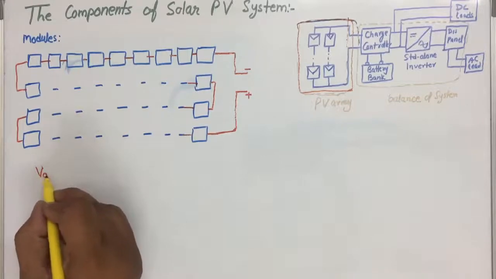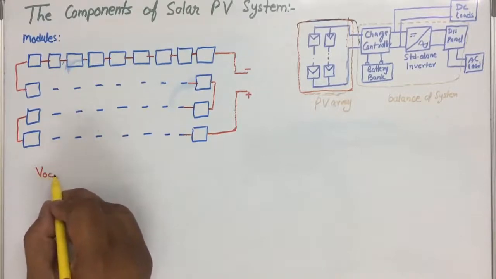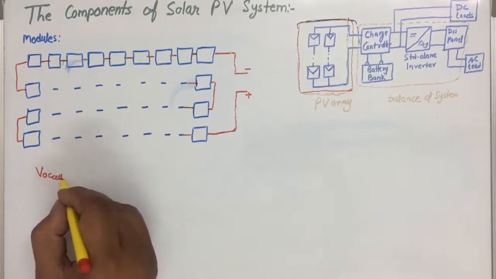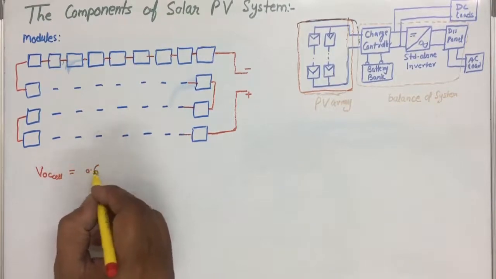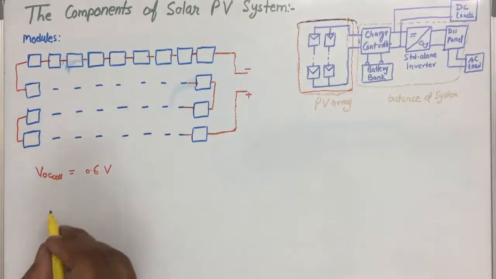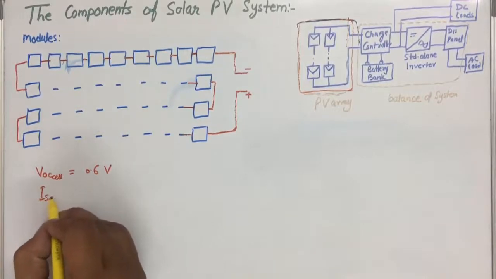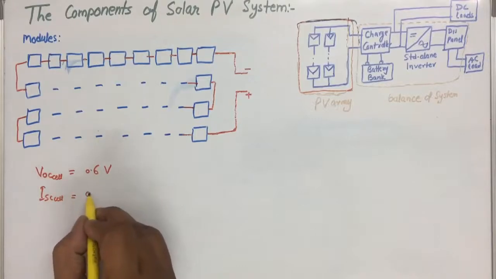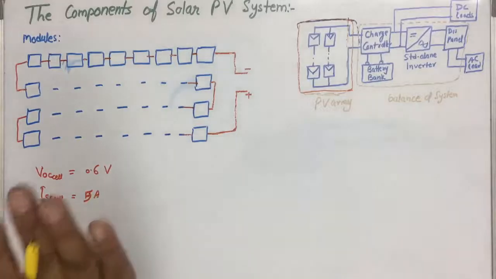For one cell, the open circuit voltage is 0.6. Let us consider that the short circuit current for the cell is 5 ampere.